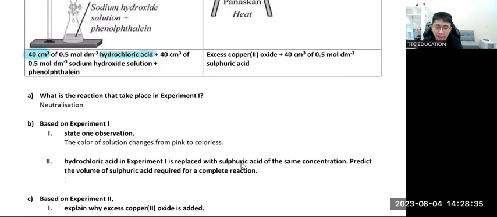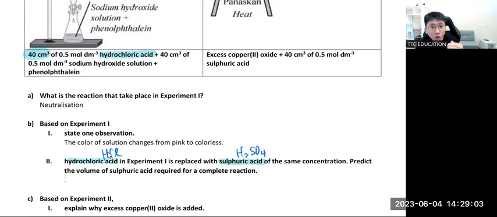So how do you define? If you recall hydrochloric acid and sulfuric acid, one is HCl, which is monoprotic. The other one is diprotic. Diprotic is supposed to have double the H+ compared to the monoprotic acid. So if you change from monoprotic to diprotic, the number of H+ doubles, so you don't need that much acid anymore.